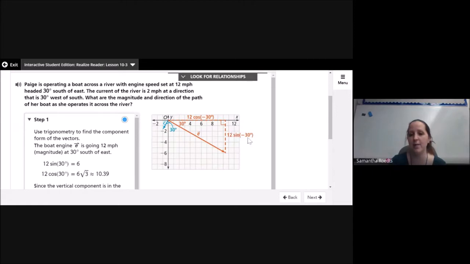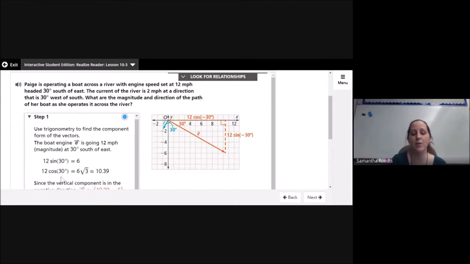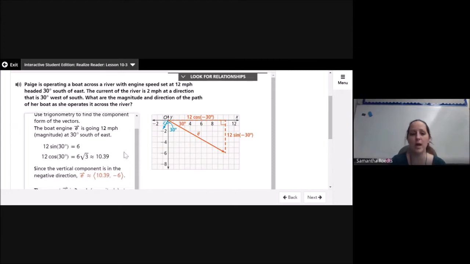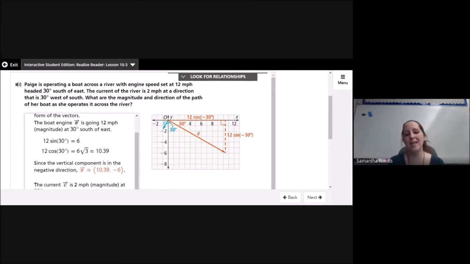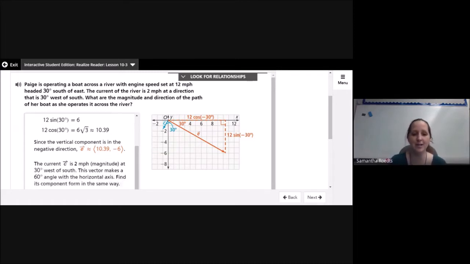Remember, this is my x value. 12 cosine 30 degrees is 6 square root of 3, or approximately 10.39. And my y value, 12 sine of negative 30 degrees, because I'm going down, is 6. Since the vertical component is in the negative direction, my y value is going to be negative, so hence the negative 6. So the vector E is approximately 10.39, comma, negative 6.